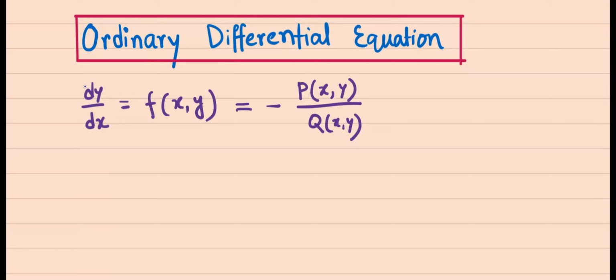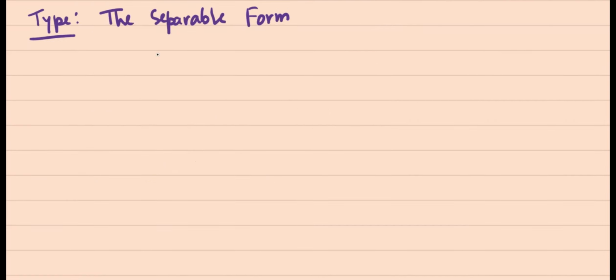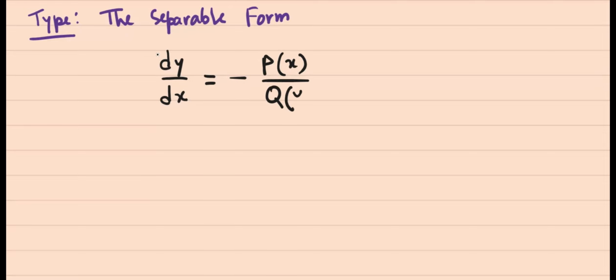So the first type we would like to explore is called the separable form. An equation is separable if it has this particular form: dy/dx equals negative p of x over some function q of the variable y.